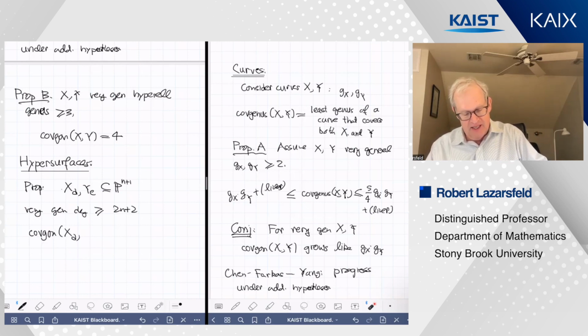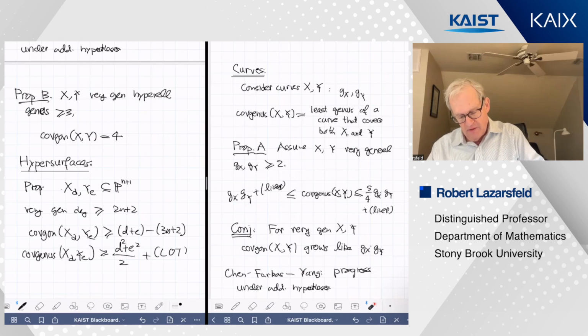So the covering gonality of X_d and Y_e is at least d plus e minus something or other, 3n plus 2. And the joint covering genus of X_d and Y_e is at least (d squared plus e squared) over 2 plus lower order terms.